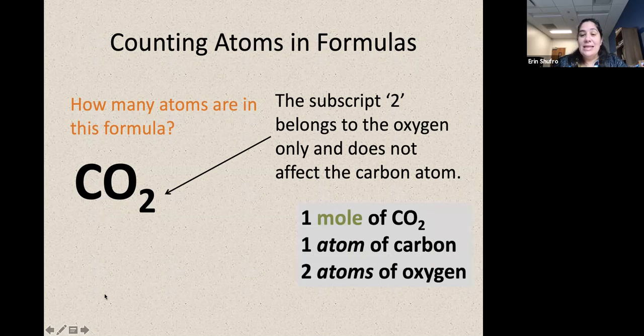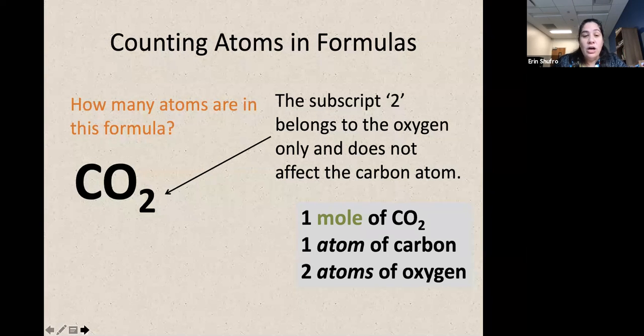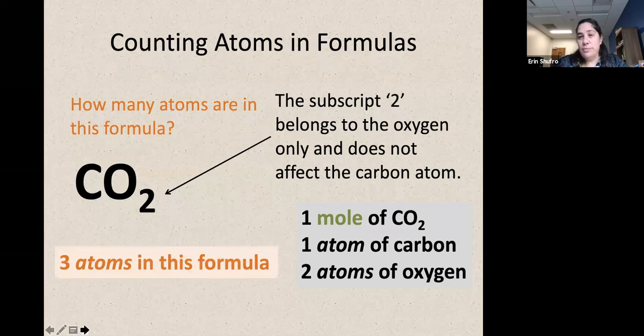There is an imaginary 1 out here that indicates that you have 1 mole of carbon dioxide or 1 molecule of carbon dioxide. These numbers down here indicate 1 atom of carbon, 2 atoms of oxygen. So a total of 3 atoms in the formula.